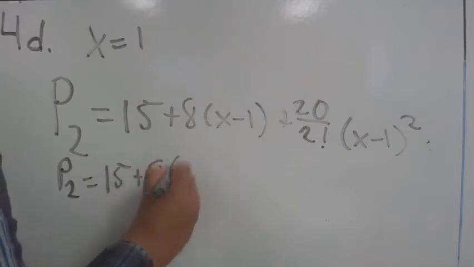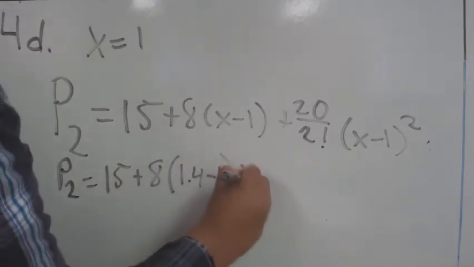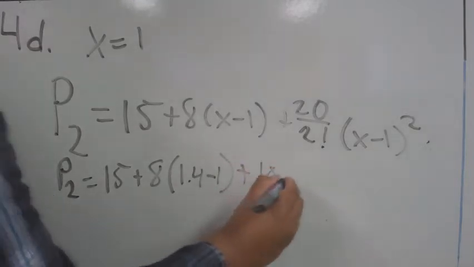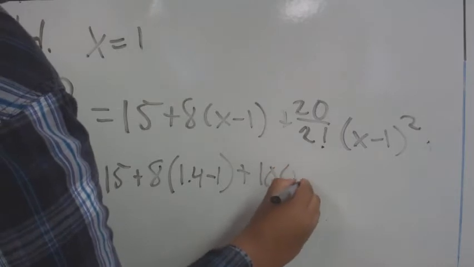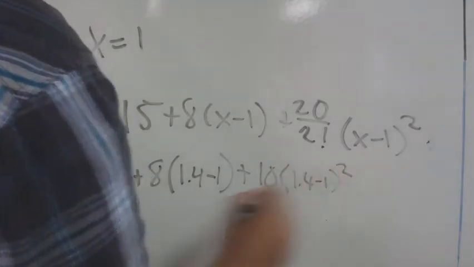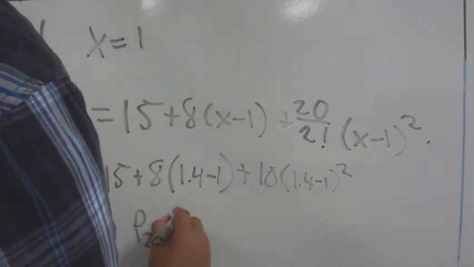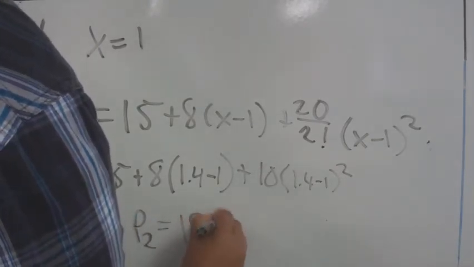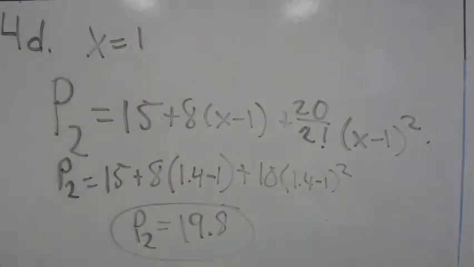So we'll be simplifying, so it'll be 15 plus 8 times (1.4 minus 1) plus 10, because of 20 over 2 factorial, so 20 divided by 2 is 10, and then (1.4 minus 1) squared. As we simplify that, it will become 19.8, and that's number 4.